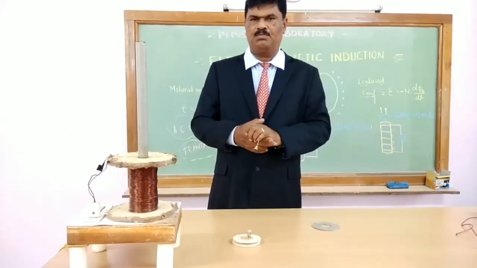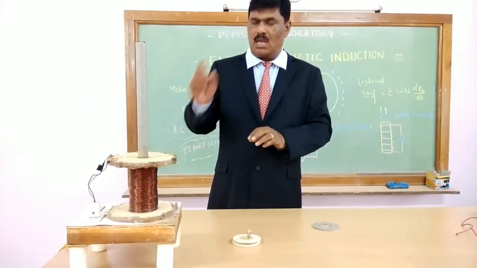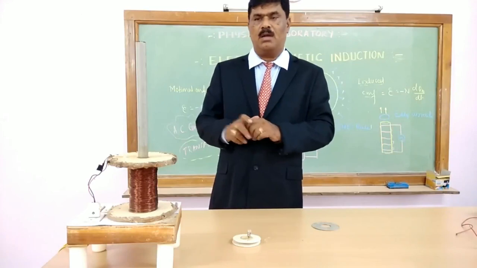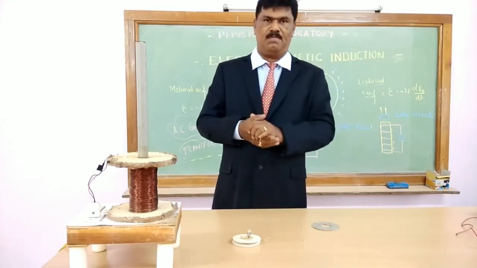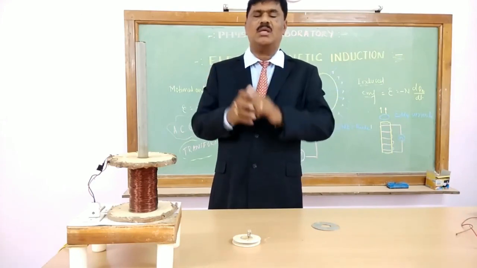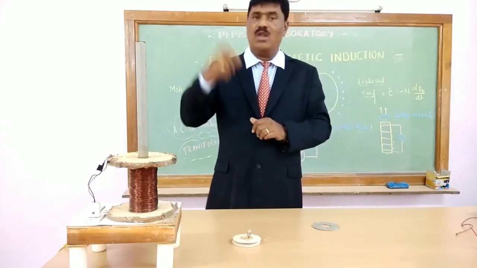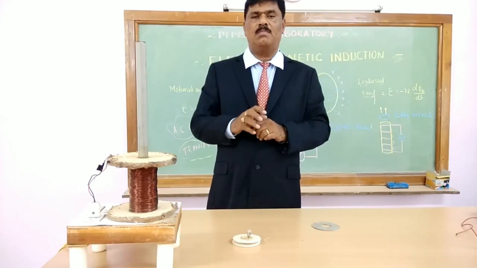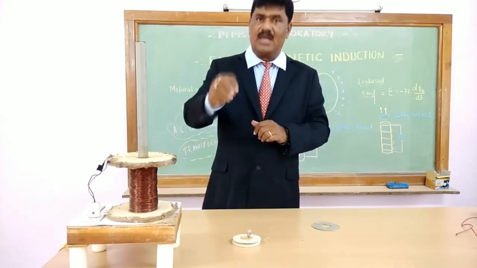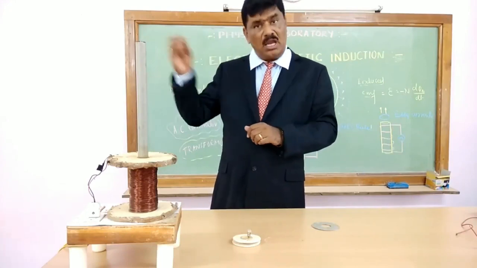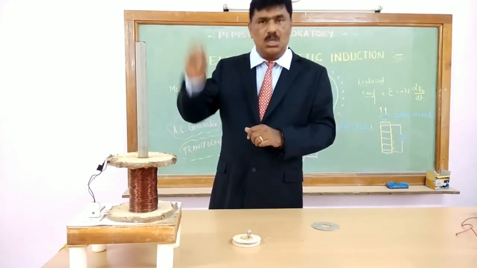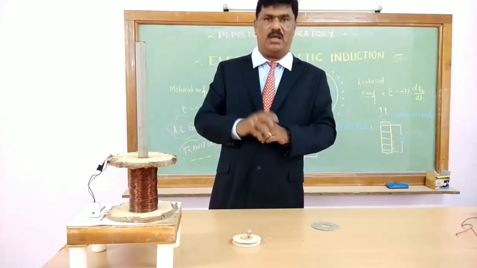Well friends, this model can also be used for explaining the mutual induction phenomenon. According to the mutual induction phenomenon, an opposing induced current flows in one coil whenever there is a change of current or a change of magnetic field in the neighboring coil.